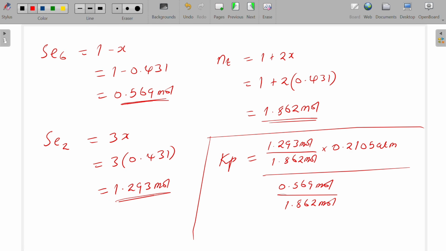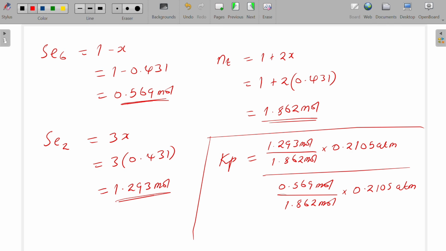So 1.862 moles, and this will multiply by the same pressure, which is 0.2105 atm.